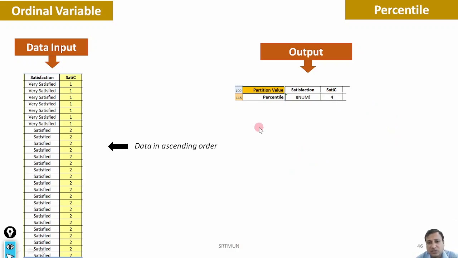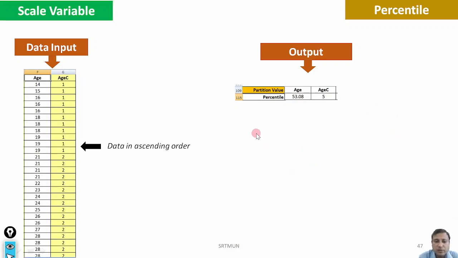Now if I come to the scale variable, here is 53.08. I can simply say 92% of the respondents have age less than 53.08. Now the question comes whether that value is there in this data. Is it visible?